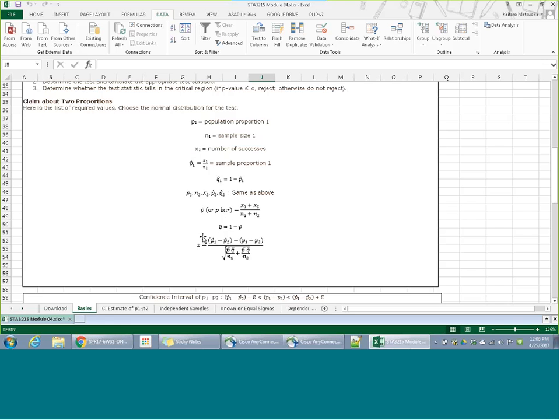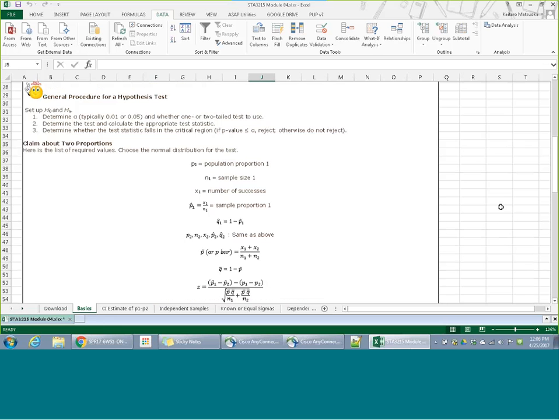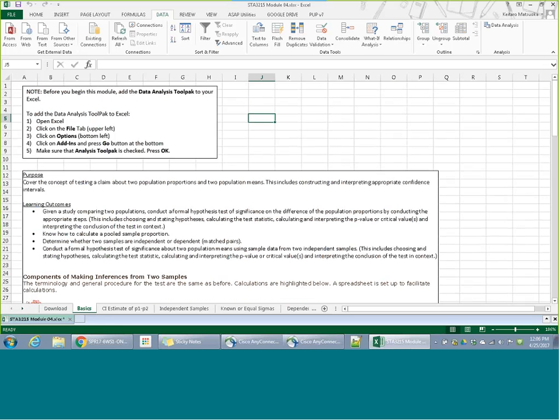You probably know by now that once you get the test statistic like Z incorrect, the whole thing is wrong. So I still strongly recommend you use my spreadsheet to do calculations this week.